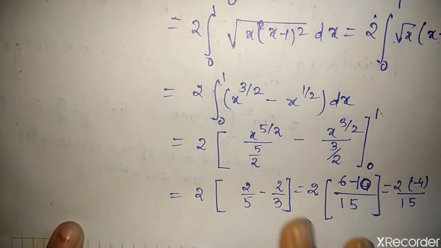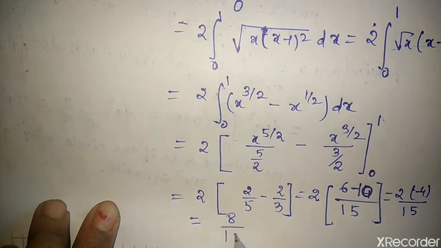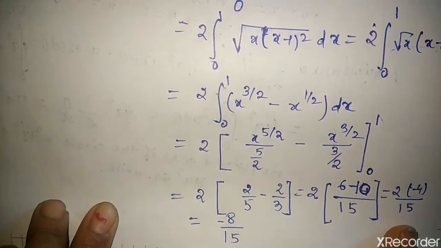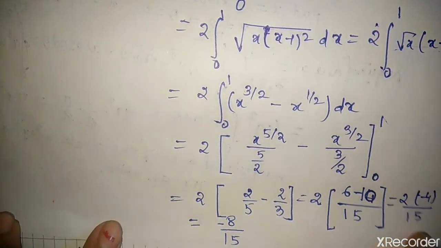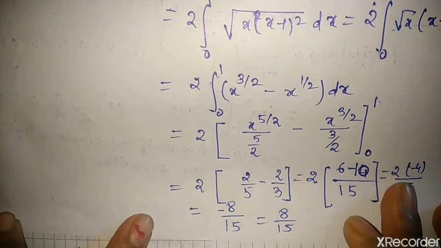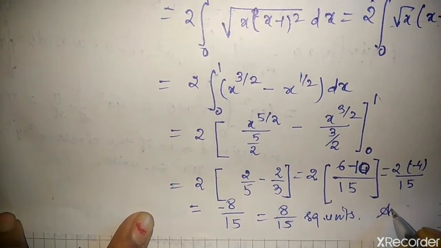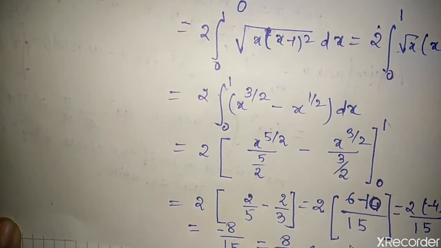But since we are talking about the area, this is minus 8 by 15, and area cannot be given in negative form. So the required area is 8 by 15 square units. Here is the answer. Okay, thank you.